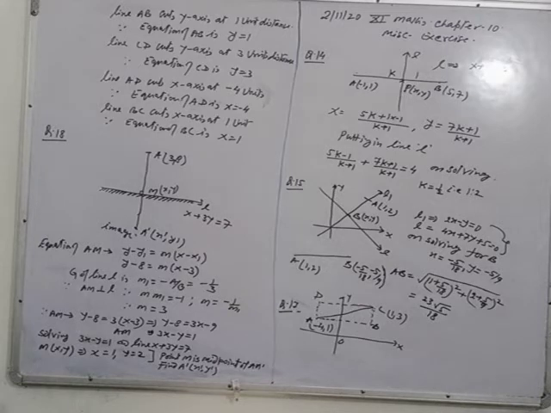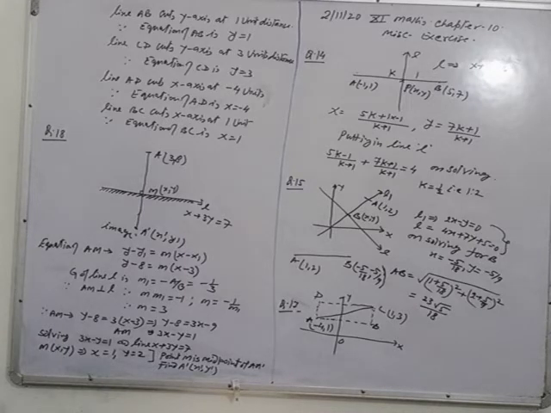And when you produce CB, it will cut the x-axis at 1 unit distance, from the coordinates of C (1, 3). So the equation of CB or BC is x is equal to 1. In this way you can determine the equations of the sides of the rectangle. So first, construct a rectangle with the help of the given hypotenuse AC.